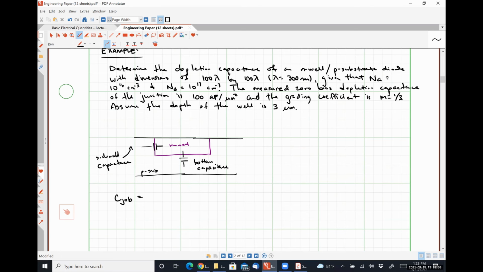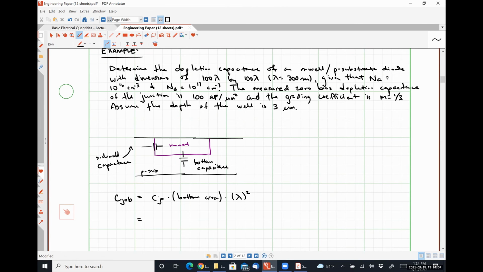Seems fairly reasonable, okay? So that would be CJ0 times our bottom area, where our bottom area is the dimensions that we are given, right? 100 by 100. And then we're going to have to scale that by a factor of lambda squared, because we weren't given the actual physical dimensions of the capacitor itself, right?